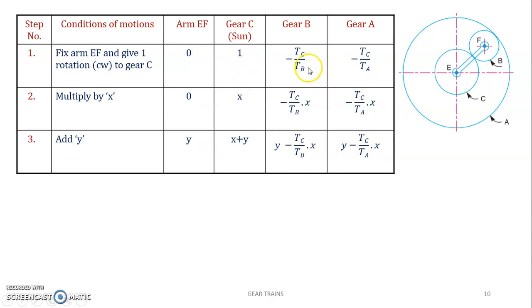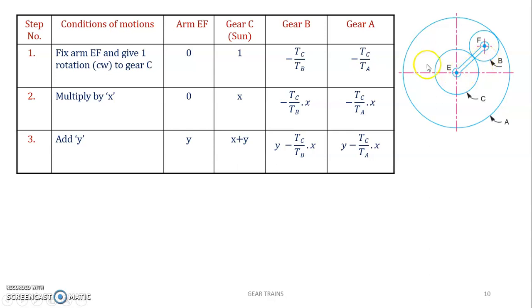I hope you understood how you got the expression for gear B and gear A. See, for gear B, C drives B, just between, so this is a driver, this is a follower. So the train value is number of teeth on driver divided by number of teeth on follower.